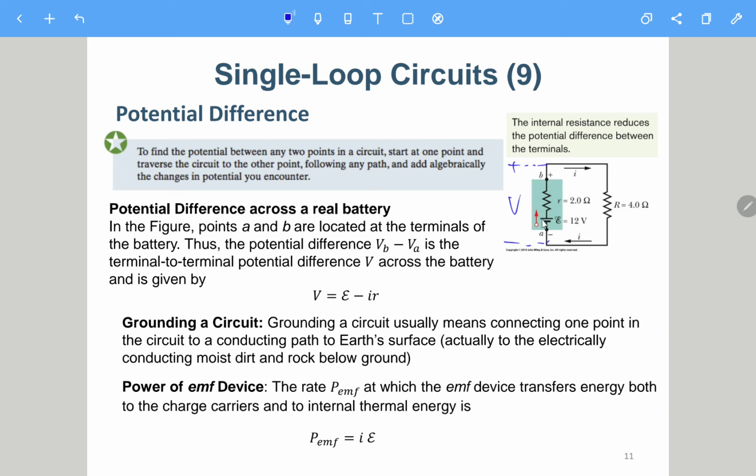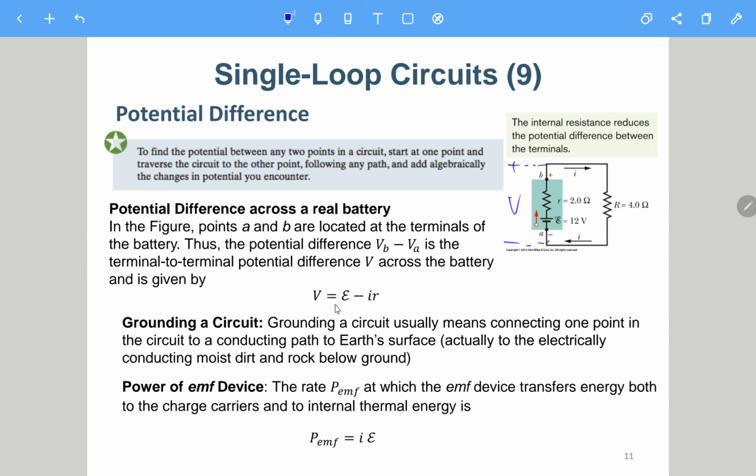And then this is E. Consider this E is an ideal EMF. So we start from this point going to here. So we add E, and then we minus IR. So E minus IR will be the potential difference from this point to this point.